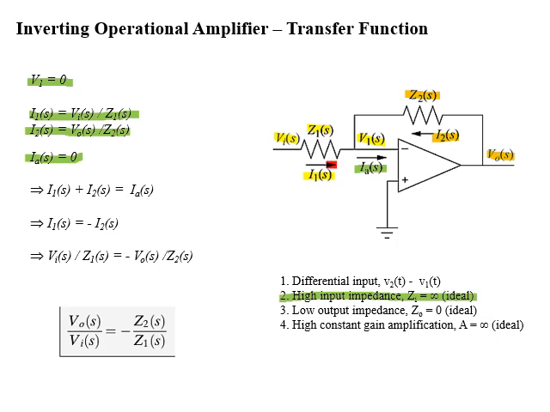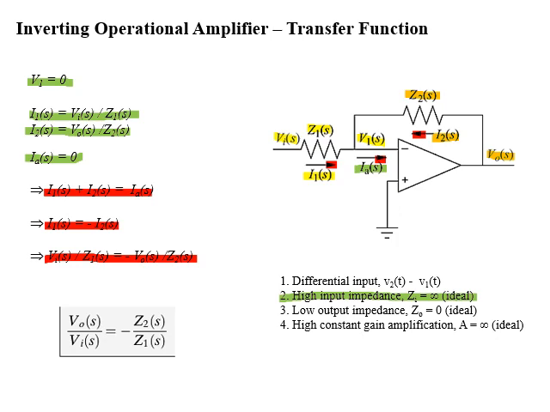So I1 of s will be equal to minus I2 of s, and on substituting values of I1 of s and I2 of s, we get the relation: input voltage Vi of s divided by input impedance Z1 of s will be equal to minus output voltage V0 of s divided by feedback path impedance Z2 of s.